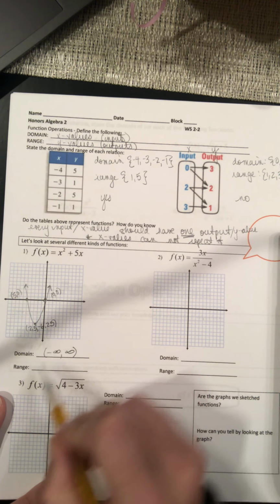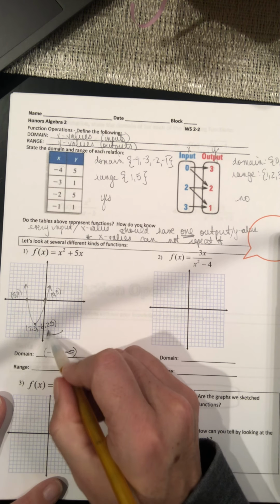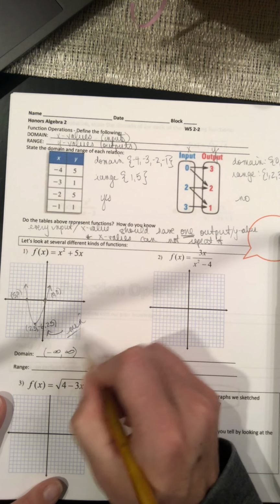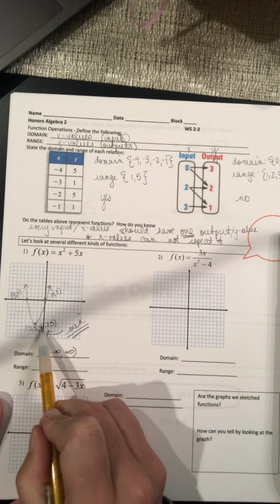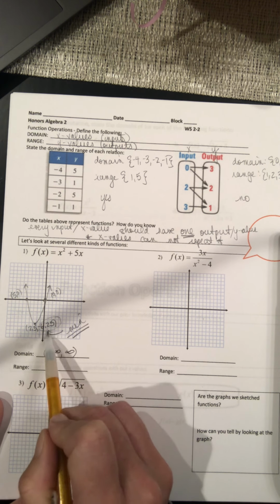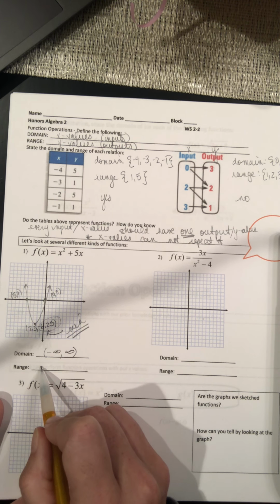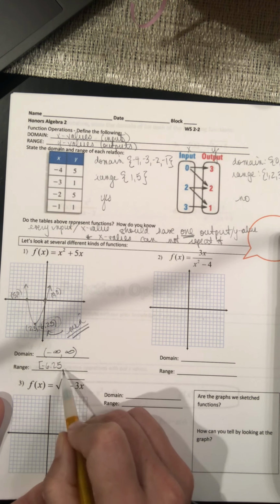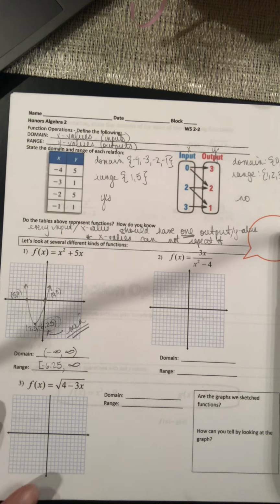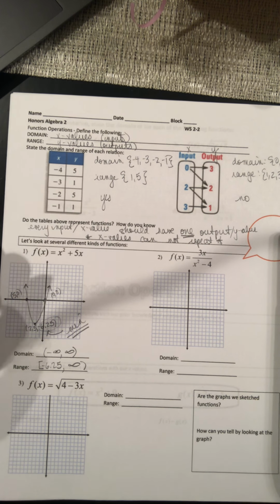And then if I look here for my range, the reason I needed my minimum is to write the range. So if I look here, my y values start to exist at negative 6.25 inclusive, so make sure you have a bracket, and then they increase to infinity, because it's increasing there.